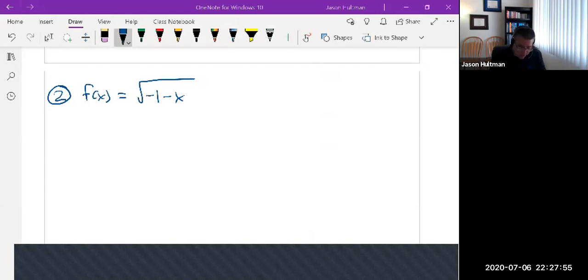Let's see what we got here. We have f of x is equal to the square root of negative 1 minus x.